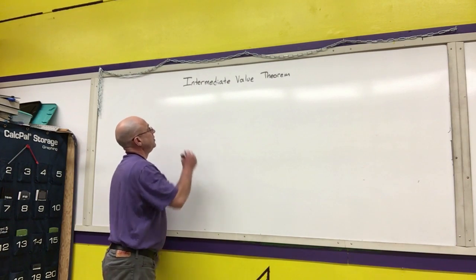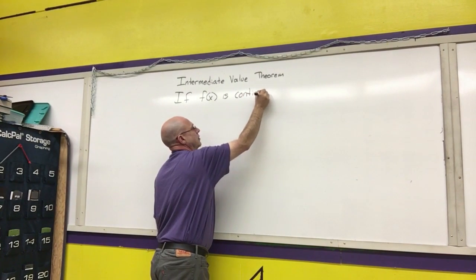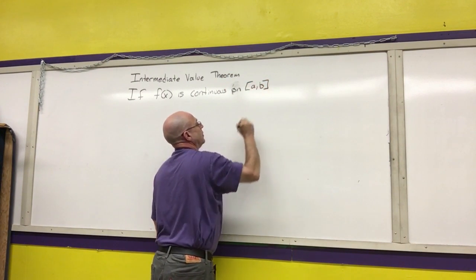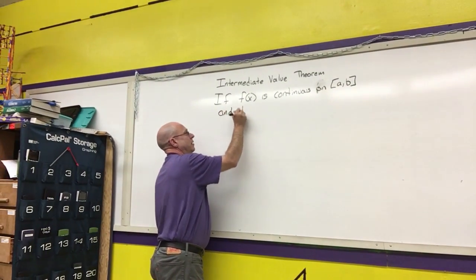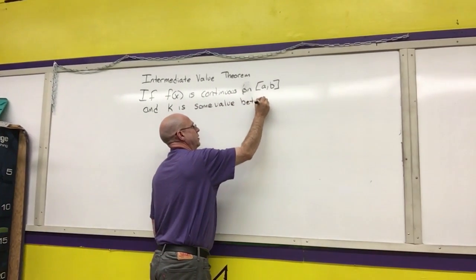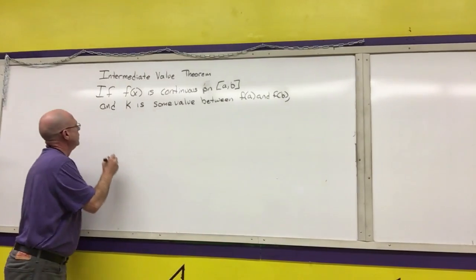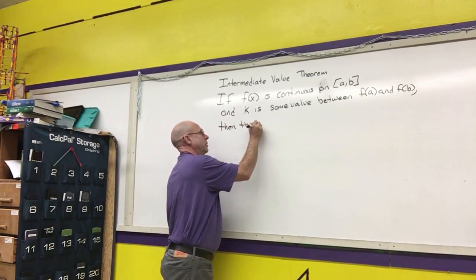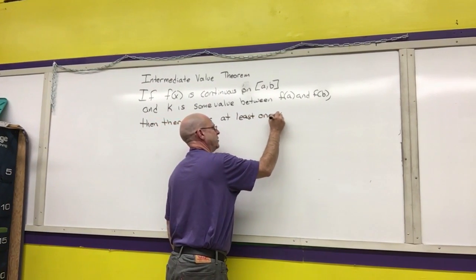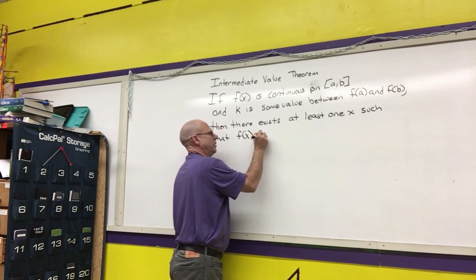The intermediate value theorem states: if f of x is continuous on the closed interval A, B, and k is some value between f of A and f of B, then there exists at least one x such that f of x equals k.